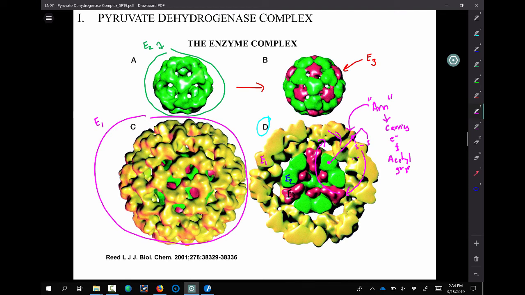Questions? Yeah. Do we know if the different steps of the reactions are happening at different times, or is it like one big concerted event? So the question is, do we know if all the different steps of the reaction are occurring at a time? In different regions of the pyruvate dehydrogenase complex, it would be reasonable to think that they would be doing it at different times.